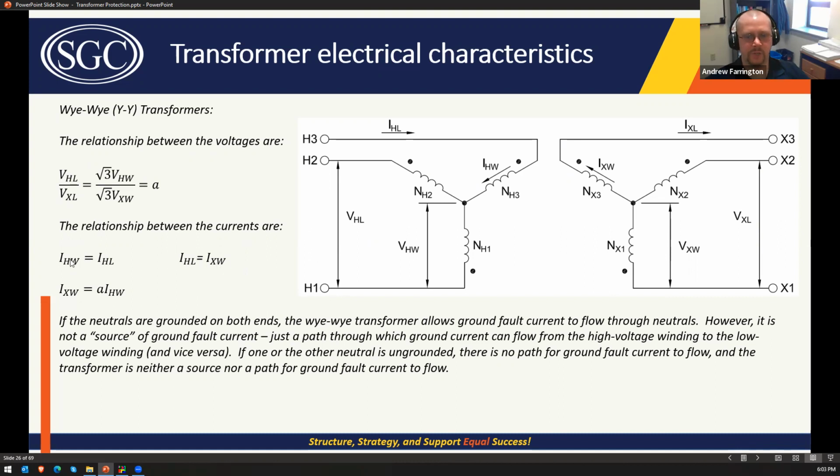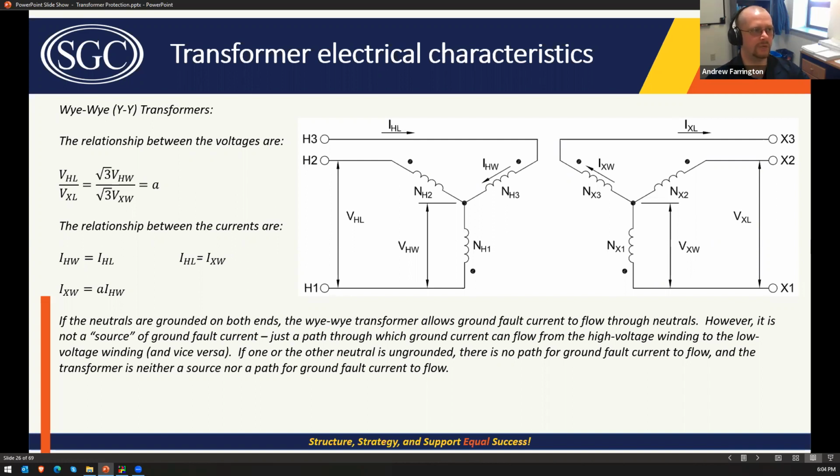I've provided the current relationships as well, the current relationship between the high voltage winding and the low voltage winding for a Y Y transformer. Given that the turns ratio, voltage ratios and current ratios of the transformers should be reviewed at this point, what we as protection engineers most often need to understand from a practical standpoint is how the different winding configurations impact our protection.